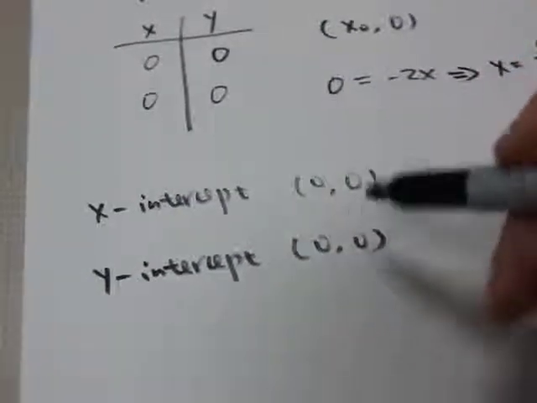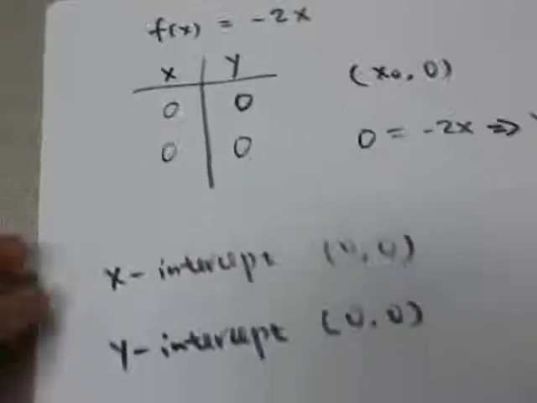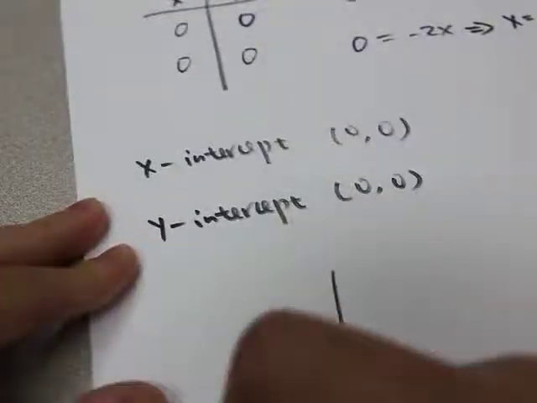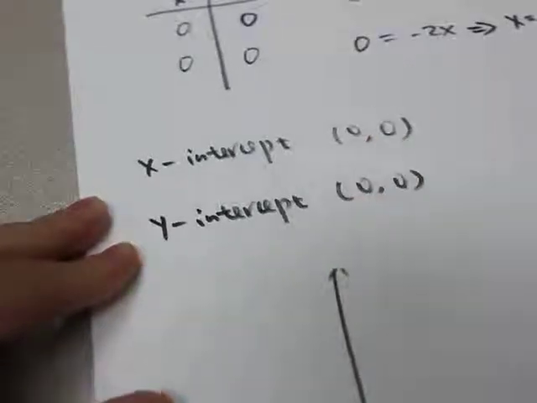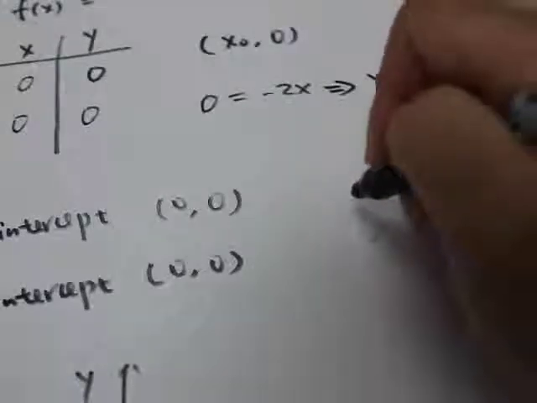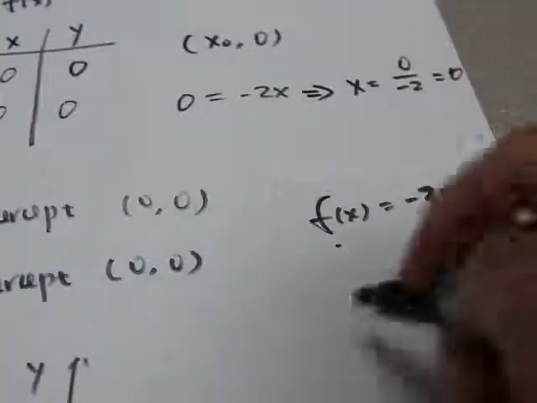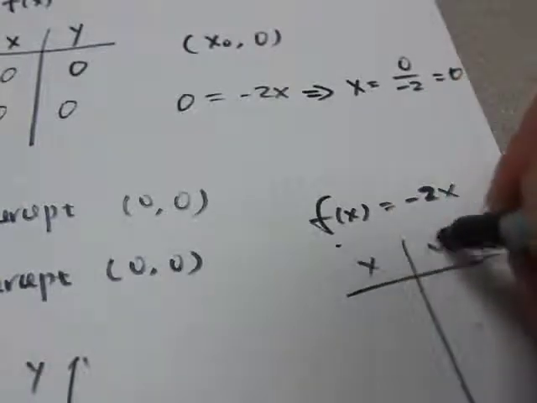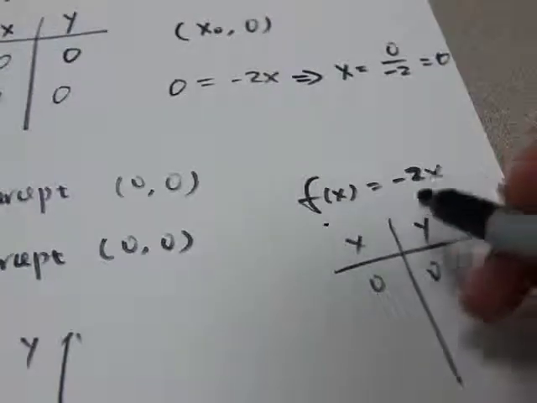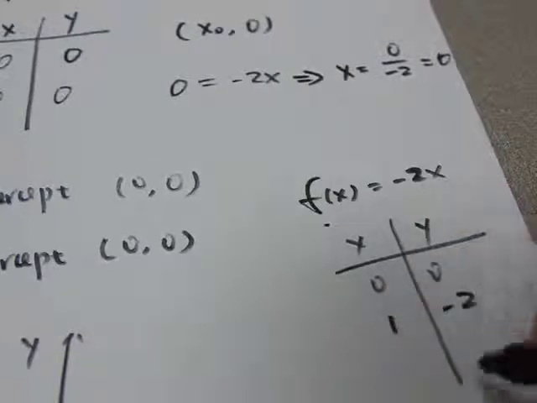Now the reason the x-intercept and the y-intercept are the same point is because of the graph of this function f(x) equals negative 2x. Let's see, if I want to graph this function, let me use some other points. So when x equals 1, y is negative 2.